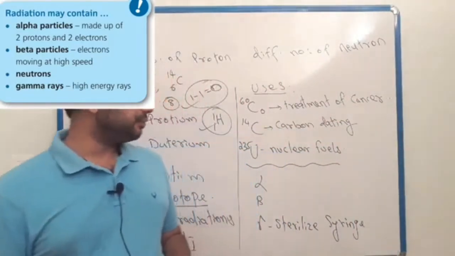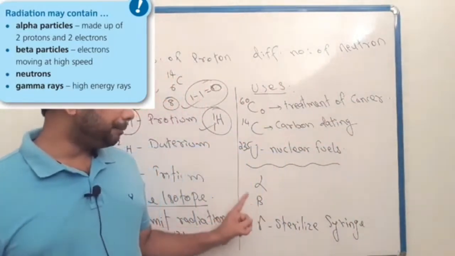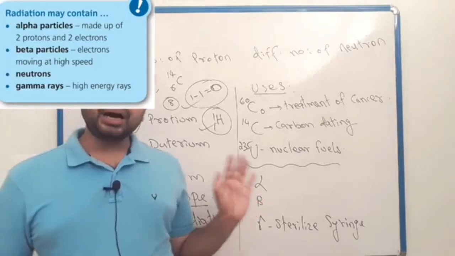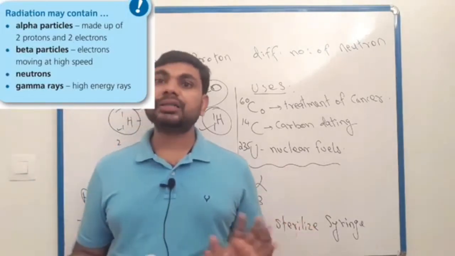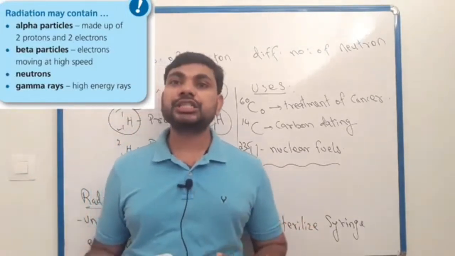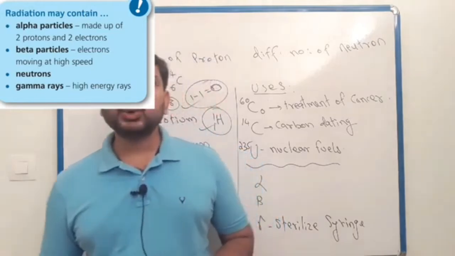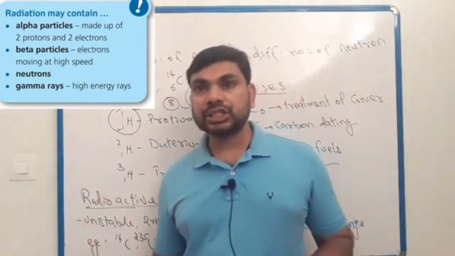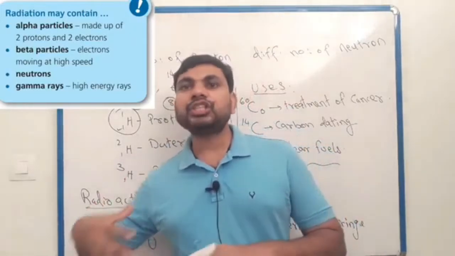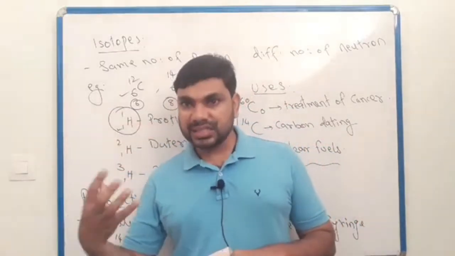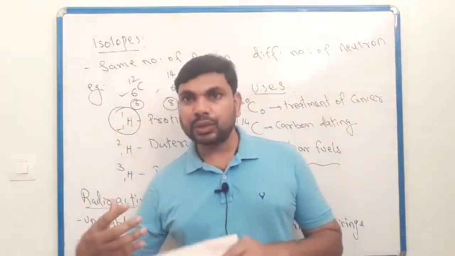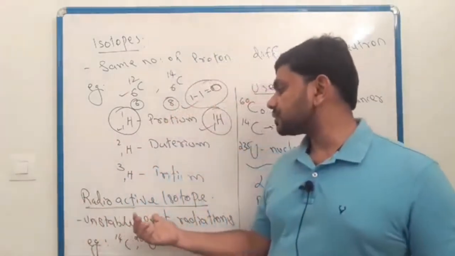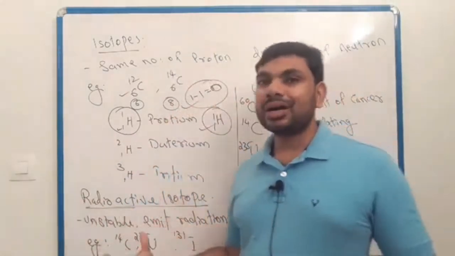The harmful radiations are called alpha, beta and gamma. These are harmful radiations emitted by a radioactive isotope. After emitting harmful radiation, this isotope will change to another atom, this nucleus will change to another nucleus. Such types of isotopes are called radioactive isotopes.